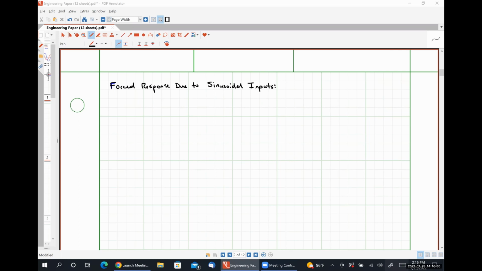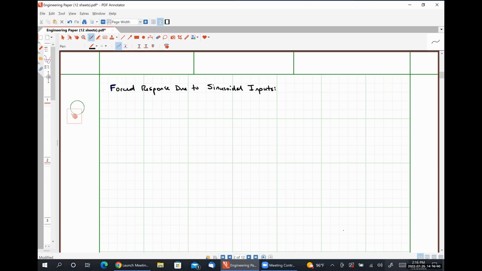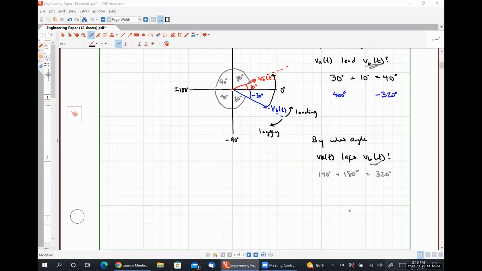Devarier, let me go back and absolutely answer that question. Sorry, I didn't notice it in the chat. So Devarier asked, does the direction of vectors matter on the phase diagram? Like if VA of t or VB of t had a negative sign in front of them? And the answer is absolutely yes. So if VA of t or VB of t had a negative sign, you should convert that negative into a positive by shifting your phase angle by plus or minus 180 degrees.